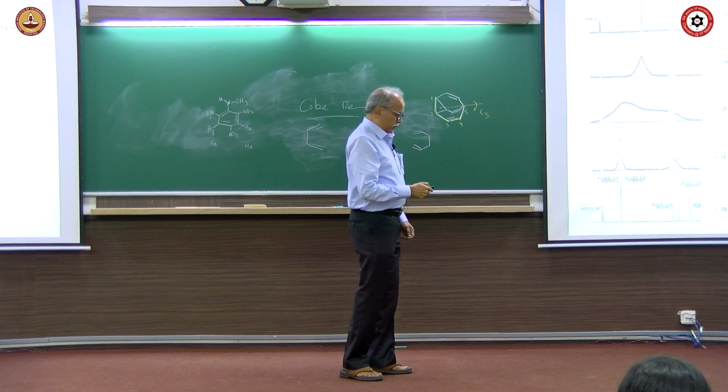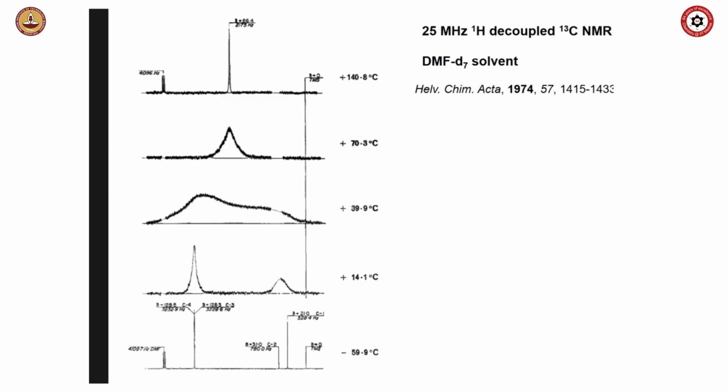And when you heat it up, when all the 10 carbons become equivalent, you will get a singlet. You just see a singlet here. These peaks are due to TMS and DMF solvent here. This is due to DMF solvent here, right? So the 4 peaks, 1, 2, 3, 4 peaks are there.